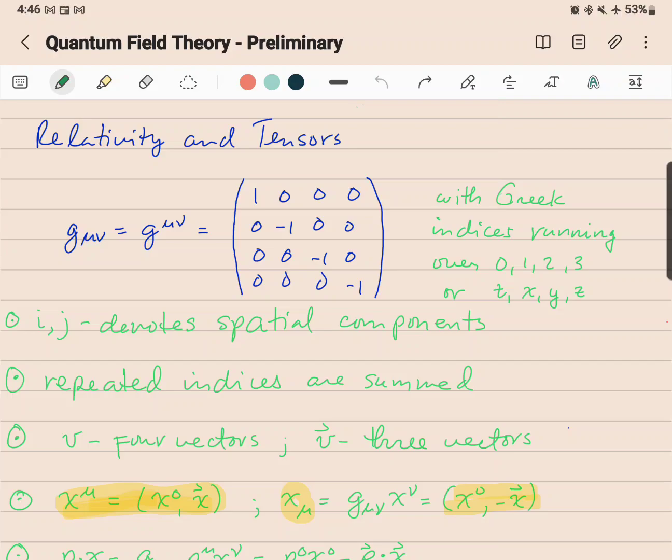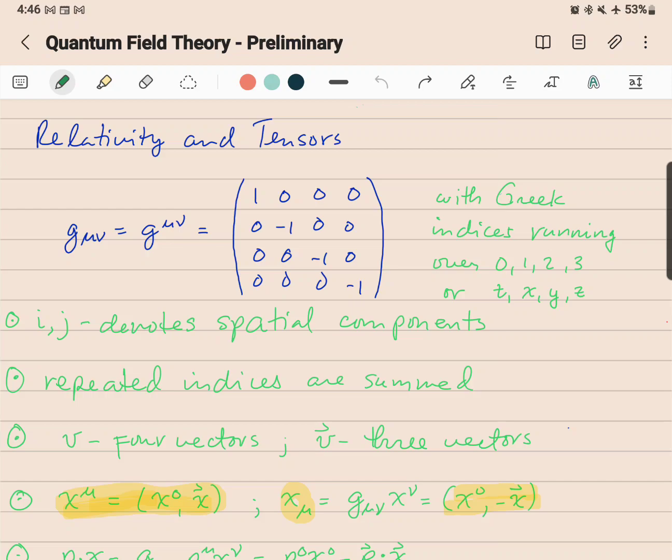And if you see Greek indices, then they would tell you that it runs from 0, 1, 2, and 3. So there are 4 components. The 0 would signify the time component, and 1, 2, 3 would be the spatial components.